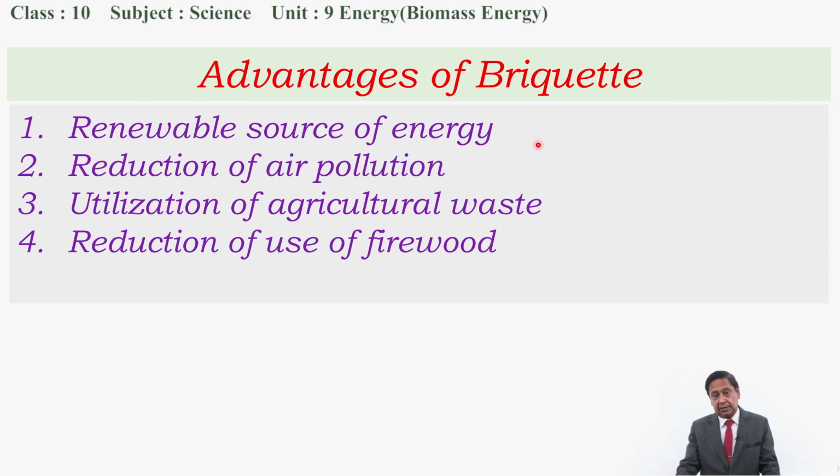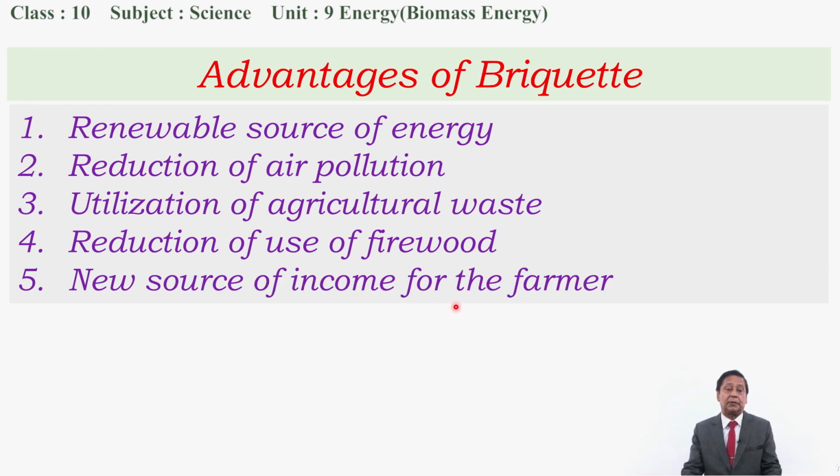Instead of briquette, if we use firewood a lot, then a lot of firewood will be consumed and deforestation takes place. That's why briquette reduces the use of firewood. Another is a new source of income for the farmer. If we make a huge amount of briquette, that can be supplied to the city area also, and we can get heat energy for different purposes in the city area also.